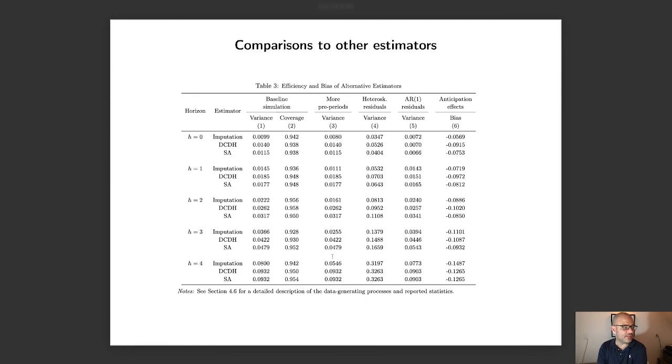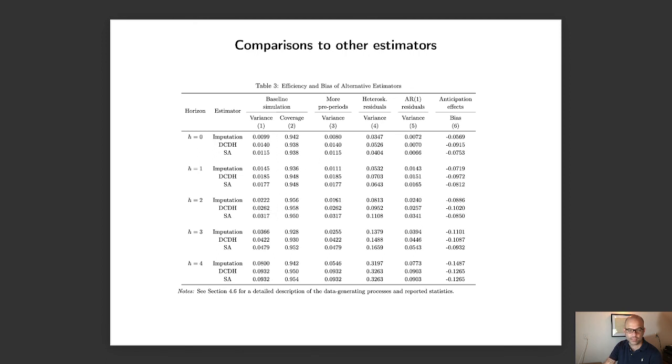And then you've got the performance of the estimator. They compare their estimator to de Chaisemartin and D'Haultfœuille and Sun and Abraham, looking at the efficiency and the bias of alternative estimators. What you see here is that the variance typically is lower.